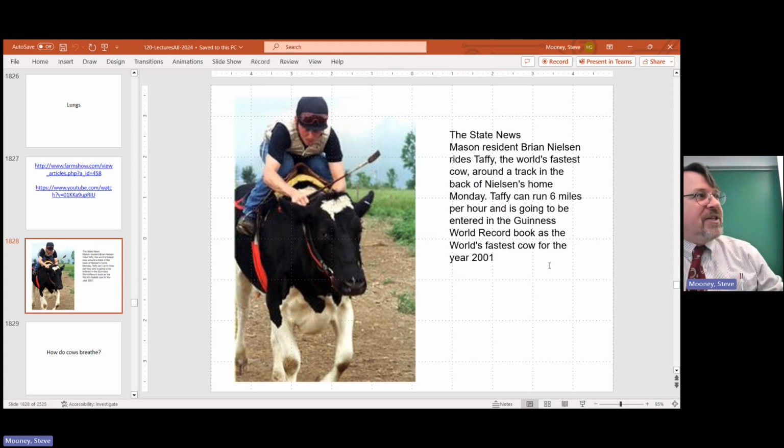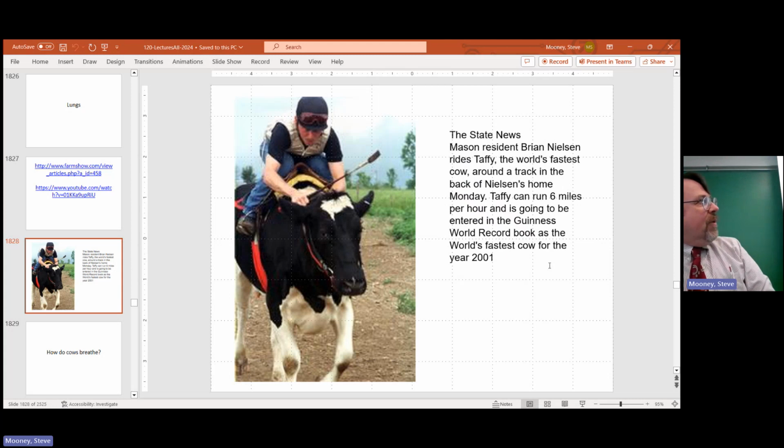He's the equine guy at Michigan State. So when Taffy was sold at auction, he went there, bought her. She had to be sold at auction because everybody in the state of Michigan has to have access to it. So he bought her, took her back to, he's an equine guy. He's got his home track laid out there, and he trained her with a saddle and everything to run.